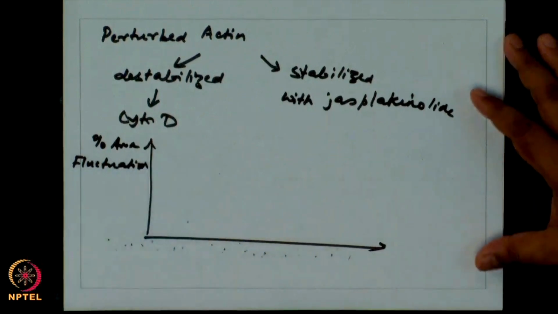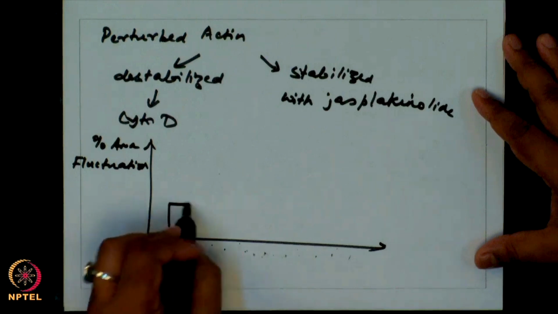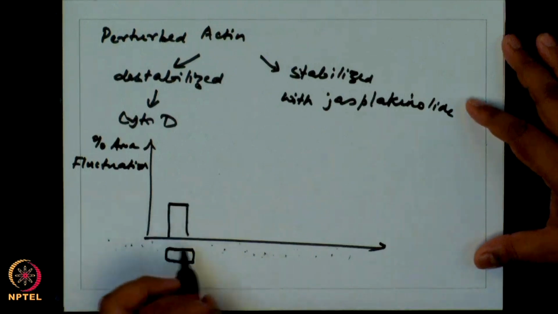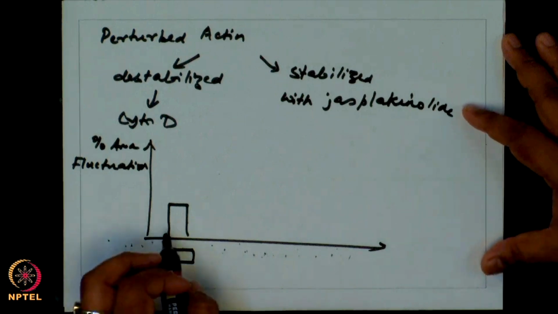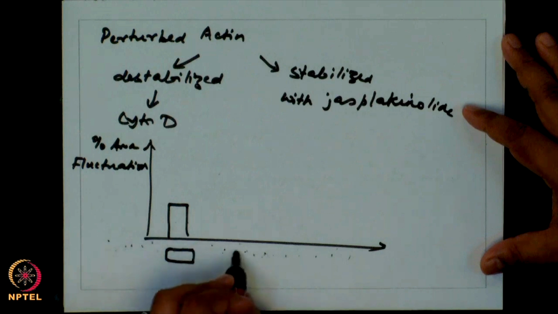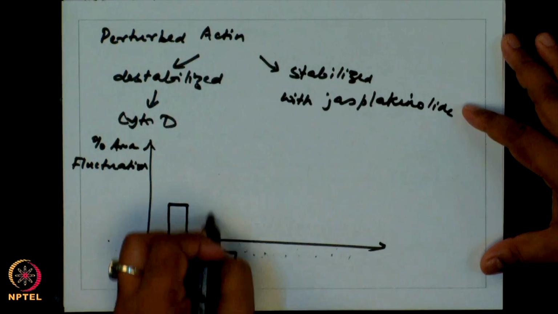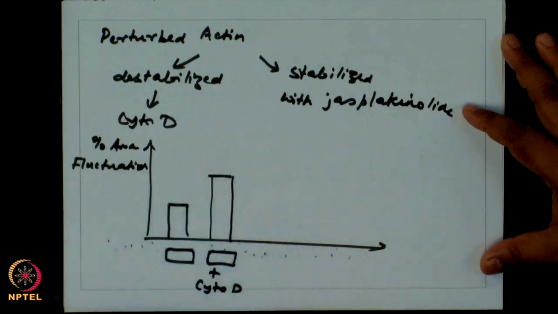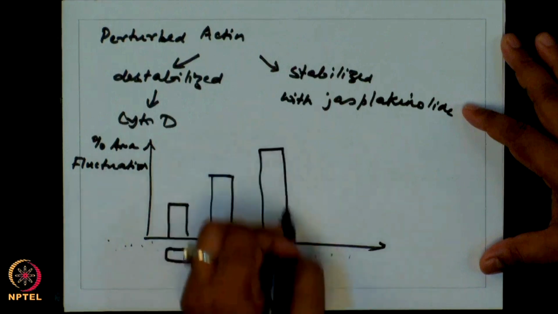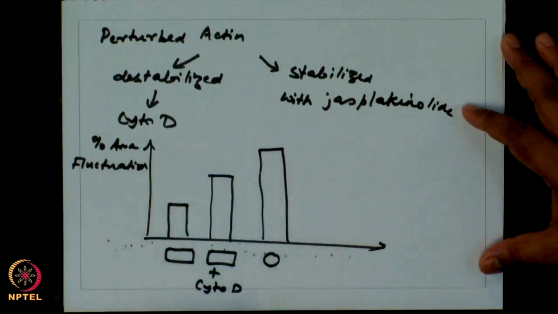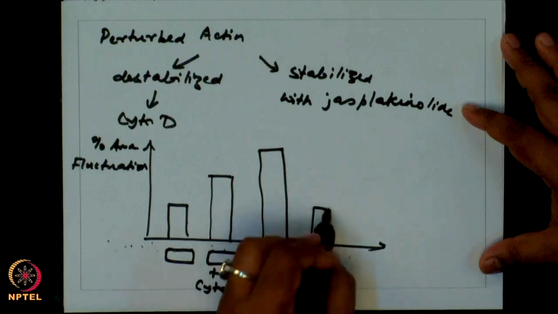On the rectangle, this is your area fluctuation, and when they added cytochalasin D, this fluctuation increased. But on the circular patterns, where fluctuation was significantly higher, when they added cytochalasin D, this decreased.